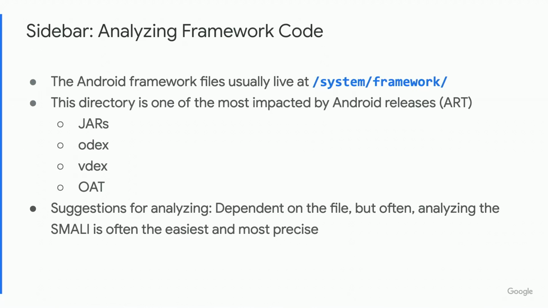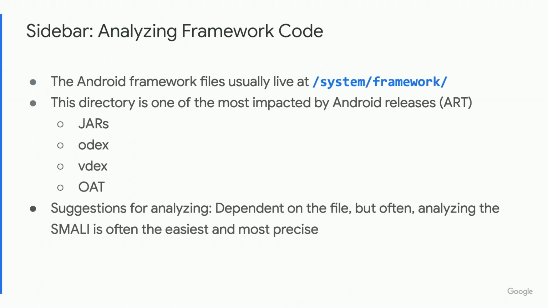So between, what letter comes after N? O, P, Q, things like that. And the file formats change a lot too. So these are all the different types of file formats you might find. Thankfully, there are a lot of open source tools out there for recreating ODEX, VDEX, things like that back into DEX files, DEX bytecode files that you can then begin to reverse engineer.